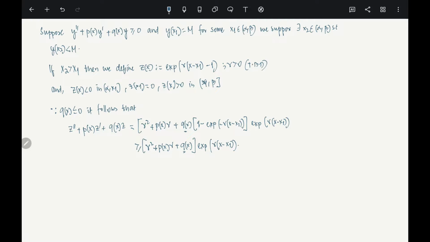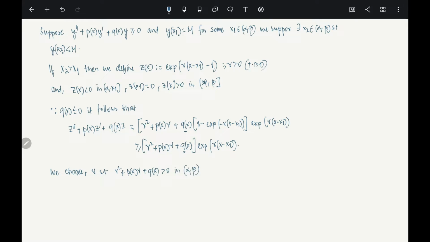Now, we have assumed that gamma is to be determined later. So we choose gamma such that gamma square plus p of x gamma plus q of x is strictly positive in open (alpha, beta).